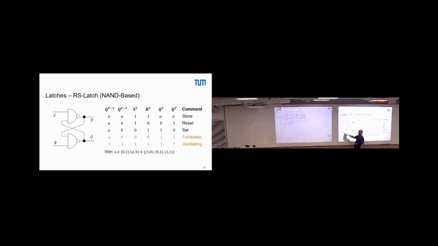R bar to 0 has an immediate impact because it changes the output value here. The S bar to 1 has no immediate effect, right? Let's say we are in a state where we have the set. So we have Q at 1 and Q bar at 0. So we have here 1 and here 0.